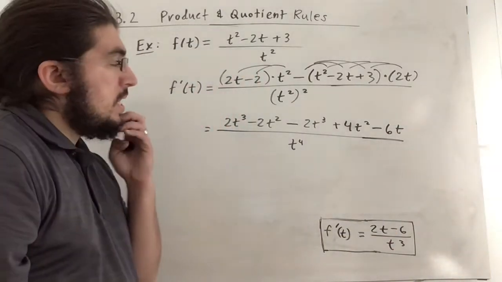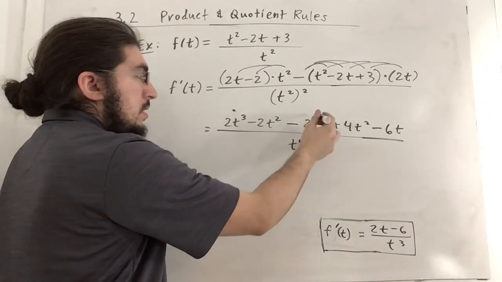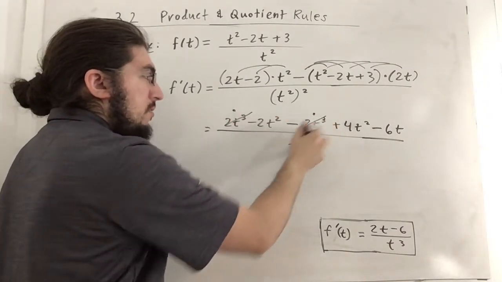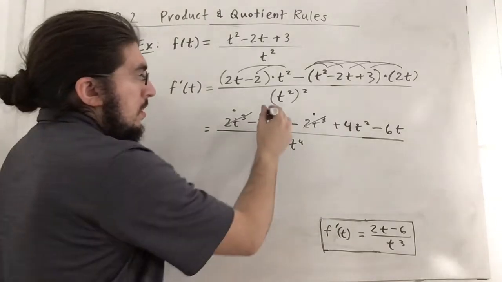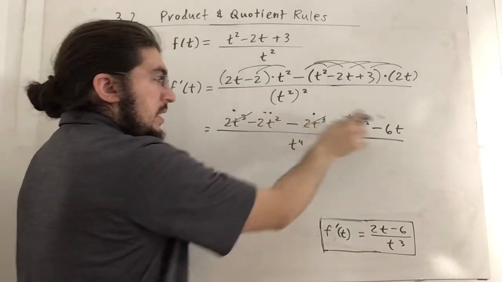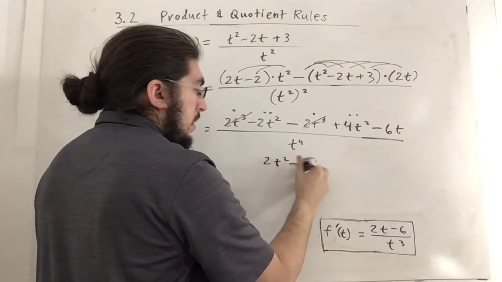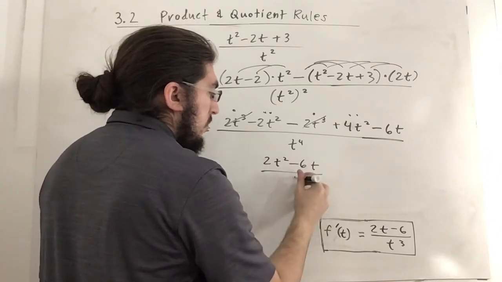Good? Great. So now combining like terms, these are like terms, they actually cancel out, funny enough. Negative 2t squared plus 4t squared is 2t squared. Then we have minus 6t all over t to the 4th.